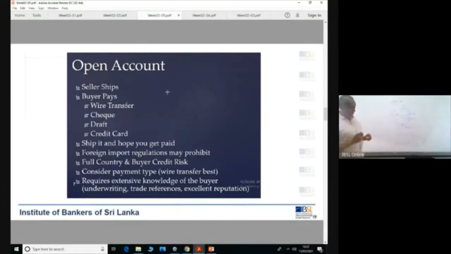Right? This is a simple cycle. Now, how can they do the payment? Either by wire transfer, or by check, or by draft, or credit card. Right? They will do the payment.